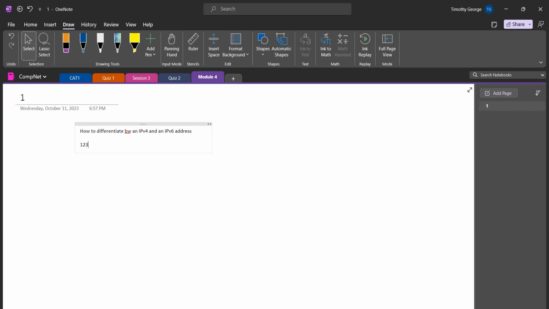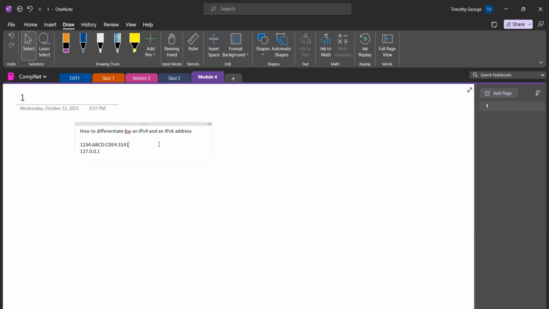1234 ABCD CDE4 and 3141. This address, and another one, 127.0.0.1.